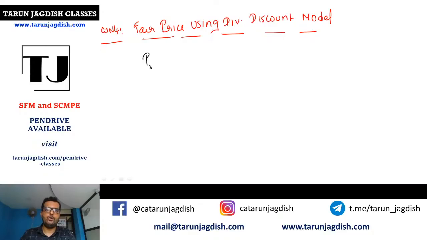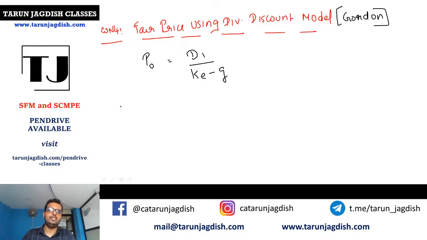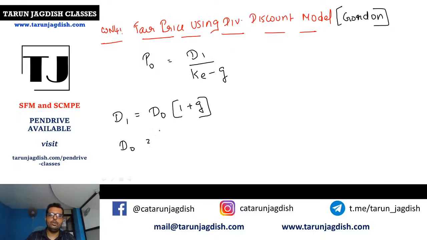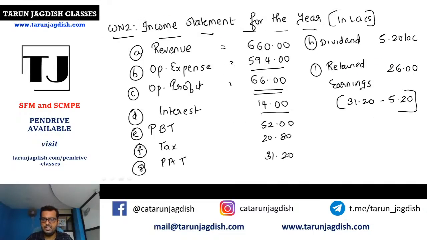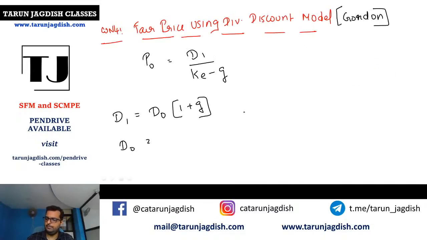Alright, so we know the formula. Dividend discount model is nothing but the Gordon's model. Okay, so P0 is equal to D1 divided by KE minus G. So I have to do it one by one. D1 is equal to D0 into 1 plus G. D0 will be the dividend given over here, that is 5,20,000. It will be 5,20,000 divided by, we got the number of shares as 10 lakh shares.